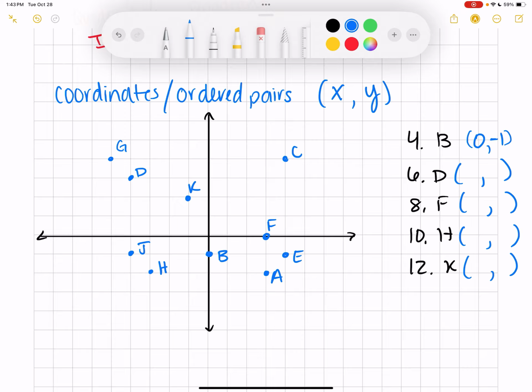D, how about this one? What's the x value? It's -4. -4 and then what? +3.